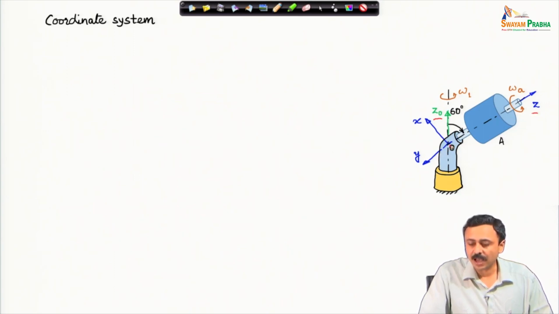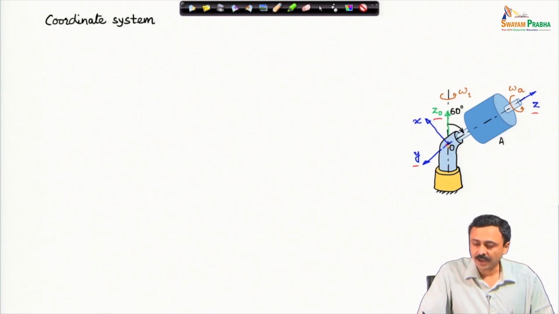What I have done is I have taken the y axis this time to be the common normal to z naught and z, and x is the corresponding right handed coordinate system.